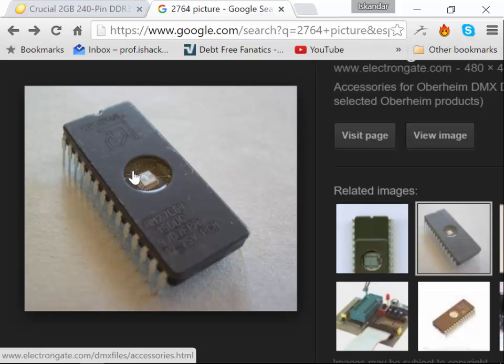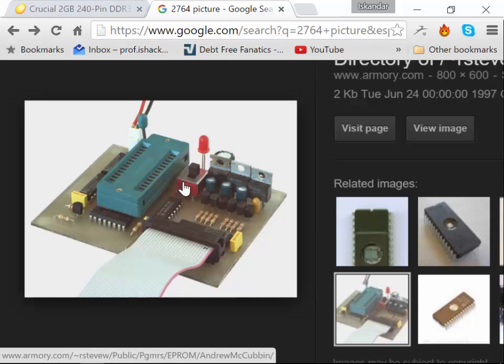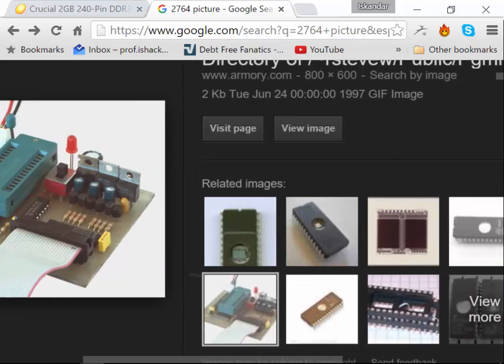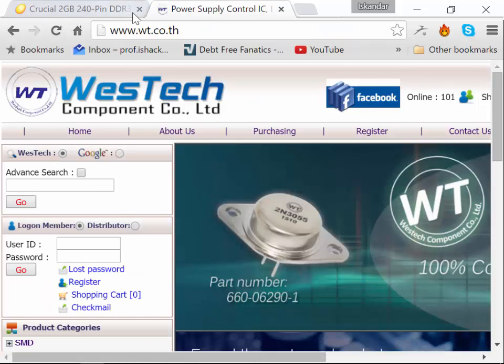And this is a very common looking EPROM programmer. You can see the little zip socket, you put it in there, and this is tied to a computer to program it. So, yeah, they're all about the same. These are 24 pin.